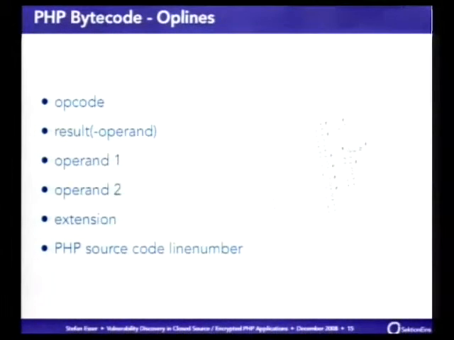Every op line in the PHP bytecode stores exactly one command. You have there the opcode, like in many other, if you know assembly language, you know that you have usually an opcode and some parameters, and in PHP bytecode it's the same. You have the opcode, there are about 150 different opcodes in PHP.